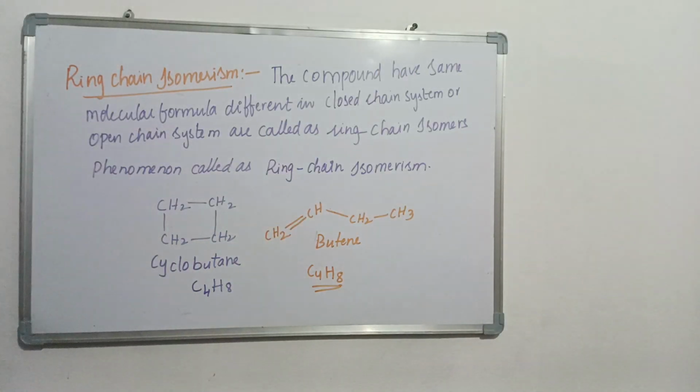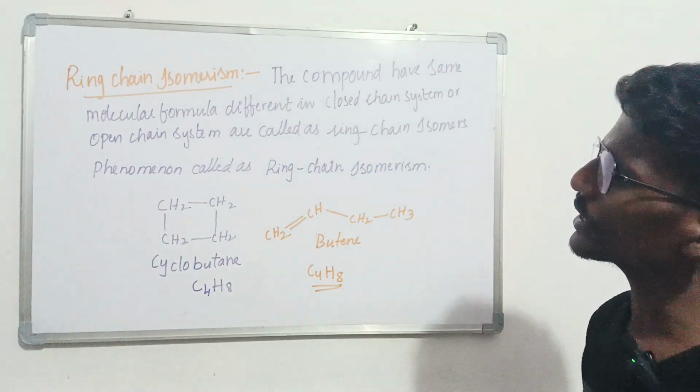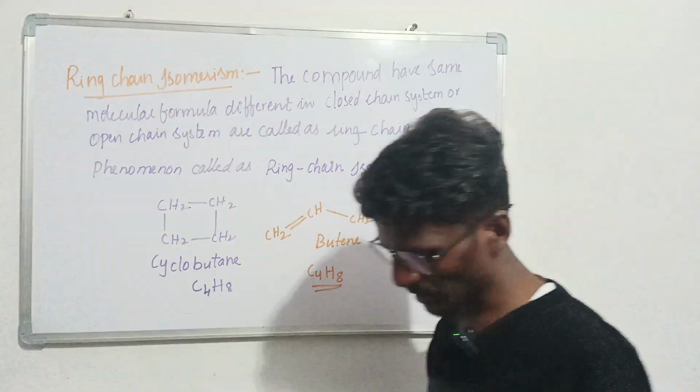So they have the same molecular formula, differing in open and closed chain system. They are called ring chain isomers, and the phenomenon is called ring chain isomerism.